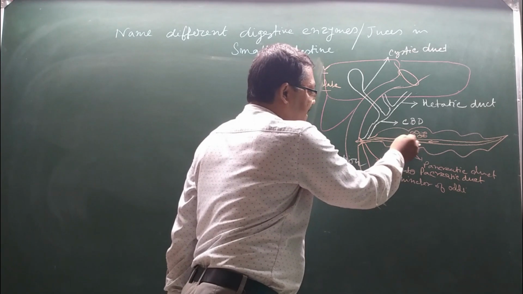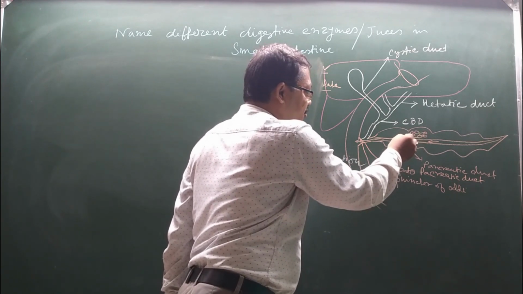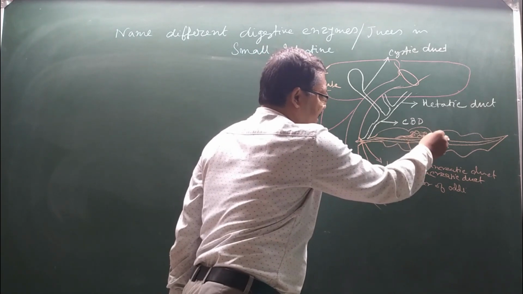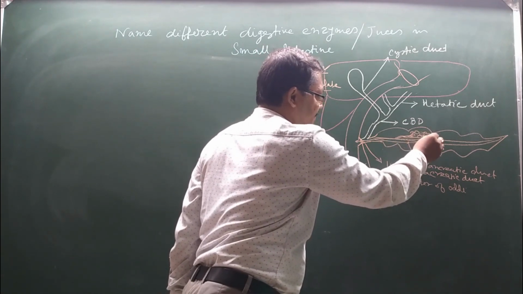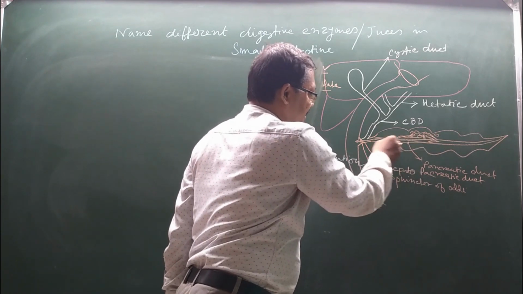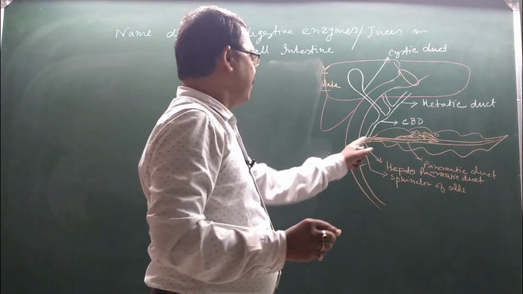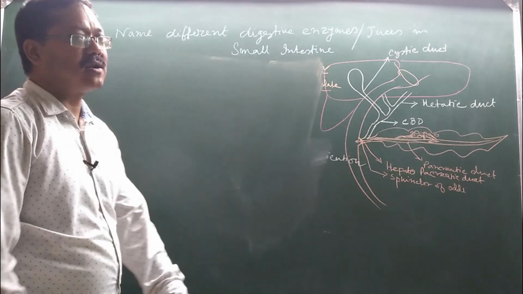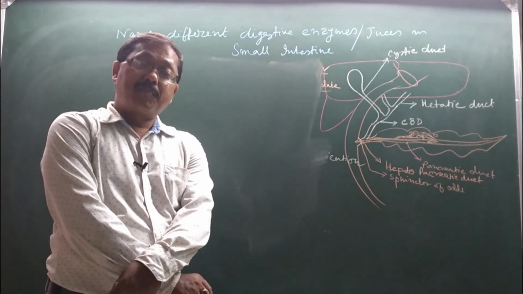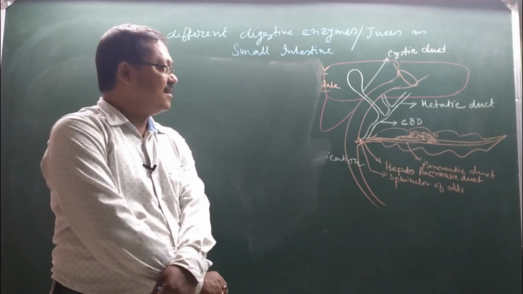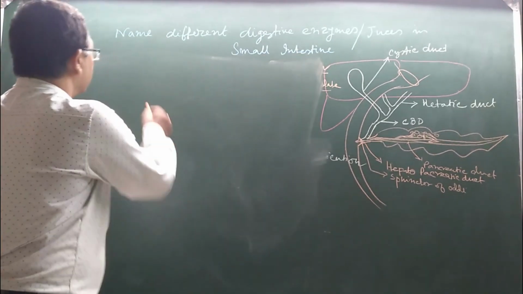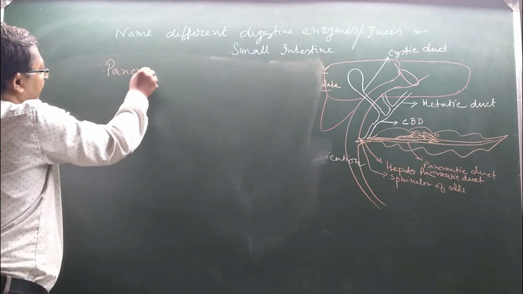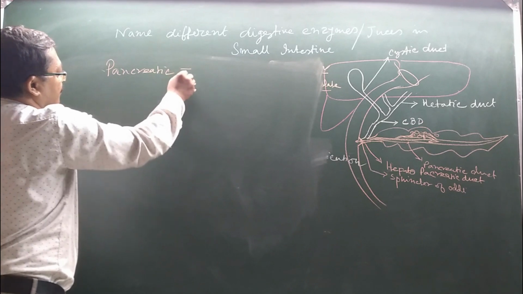These acini secrete the juice, and ultimately through the tubular structures, these acinar products enter into the main duct and are poured into the duodenum. What are the major enzymes present in the pancreatic juice? The second point is the pancreatic juice.